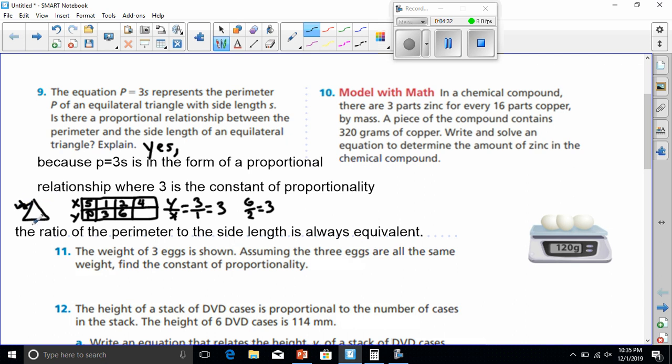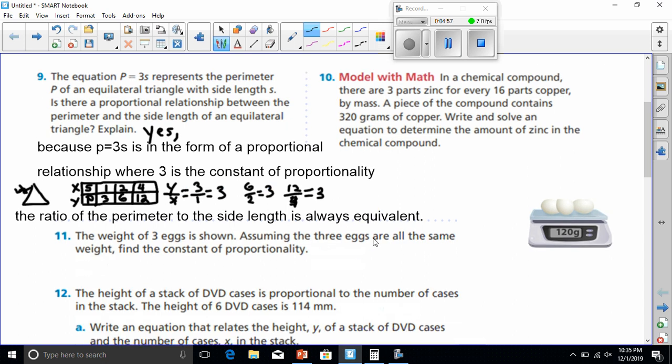That would be 4 plus 4 plus 4, which is 12. And 12 divided by 4 would also be 3. As we can see, by doing this, the ratio of the perimeter to the side length is always equivalent. No matter what number we use, we get a ratio of 3.